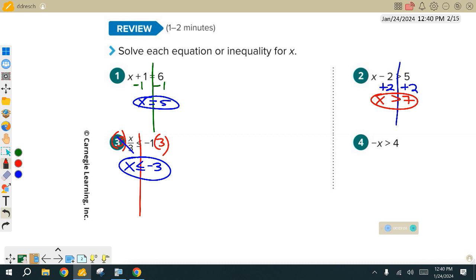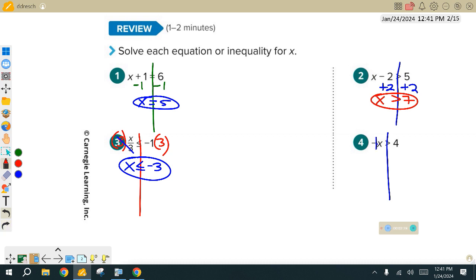Now the last one I want to talk to you about. I want to see what you remember from your middle school years. This is a -1 from the x, right? So first off, x is not by itself because there's a -1 out in front. Correct. Now, what is between that -1 and x?